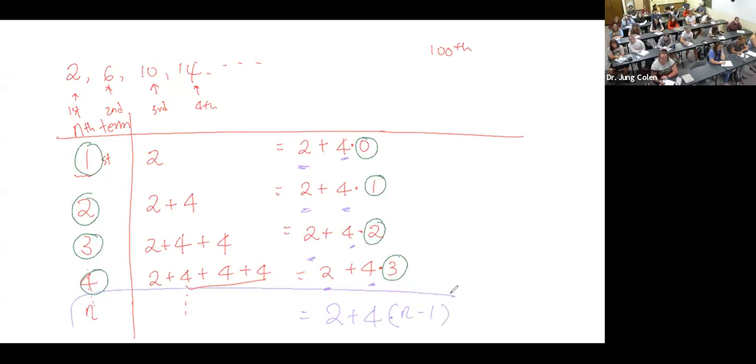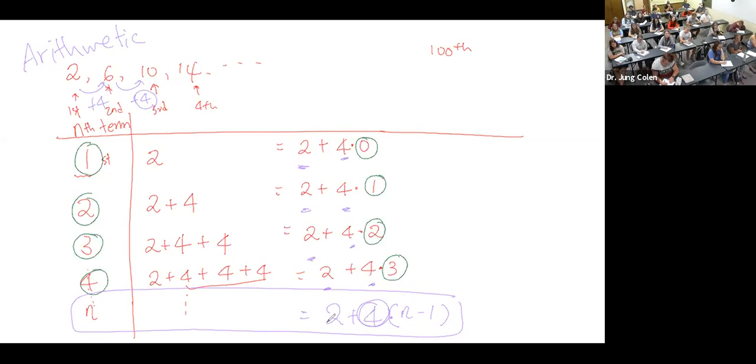That is the generalized term you can have for an arithmetic sequence. And what is that 4 for then? That is how much we keep adding. We keep adding 4 here, and that number goes here. And what is this number? That's the first number, isn't it?